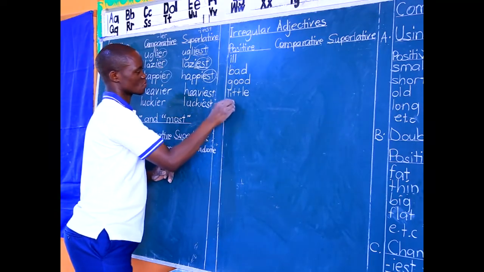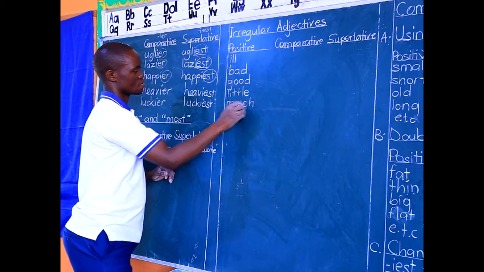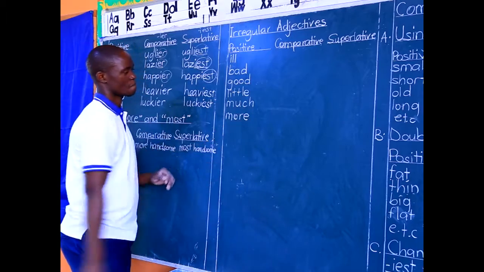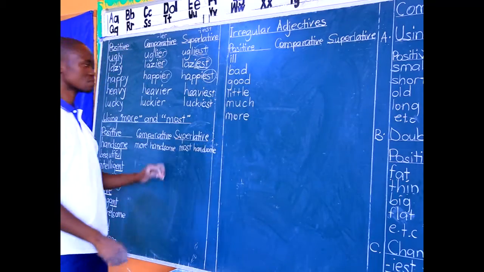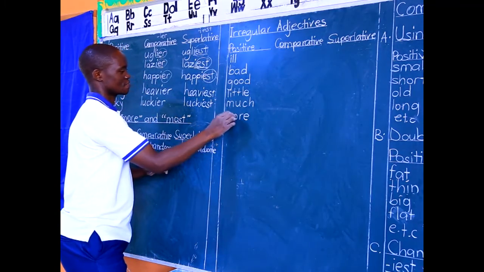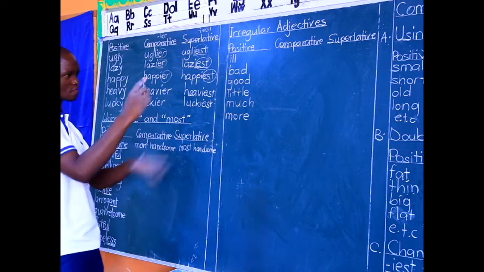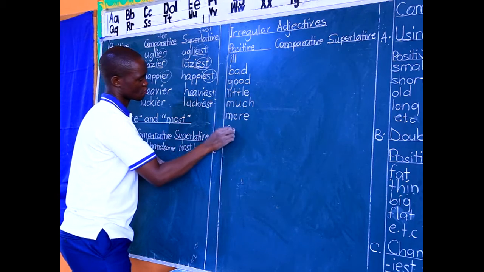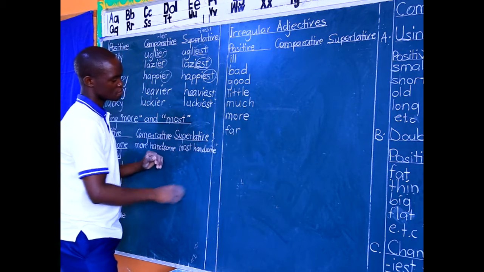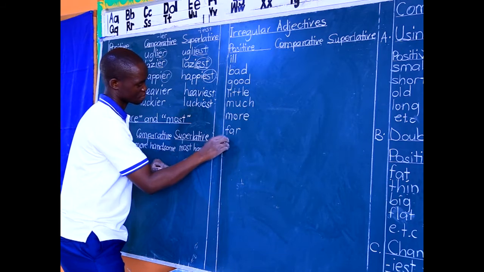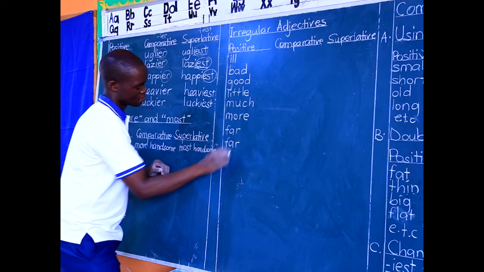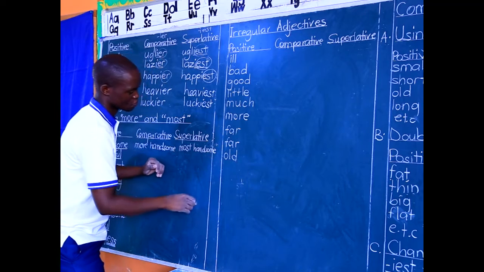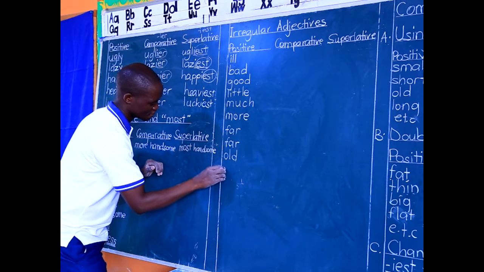We can talk about much, as well as M-O-R-E, and that is more. Which other adjective? Think of adjectives that are not in these other categories we have been talking about. Talk of far, F-A-R. Maybe the very last one. Let me add another far. The last one I will also double it. Old. To avoid confusion, another old.